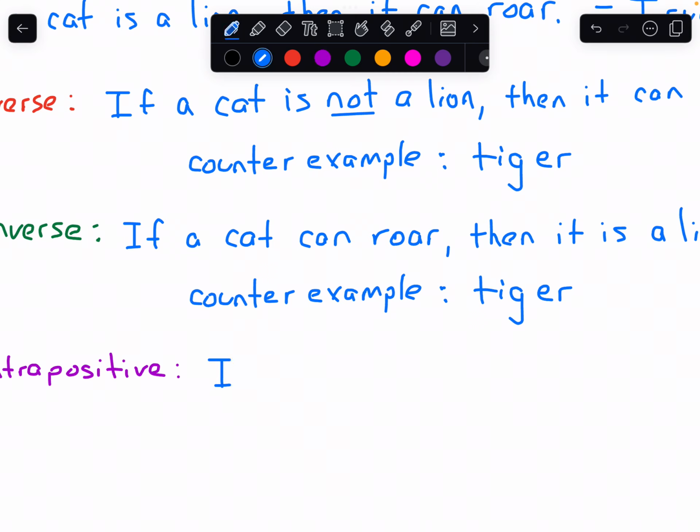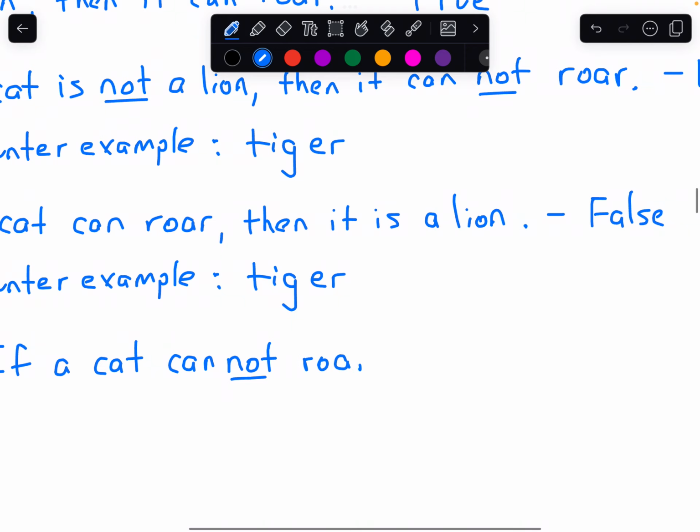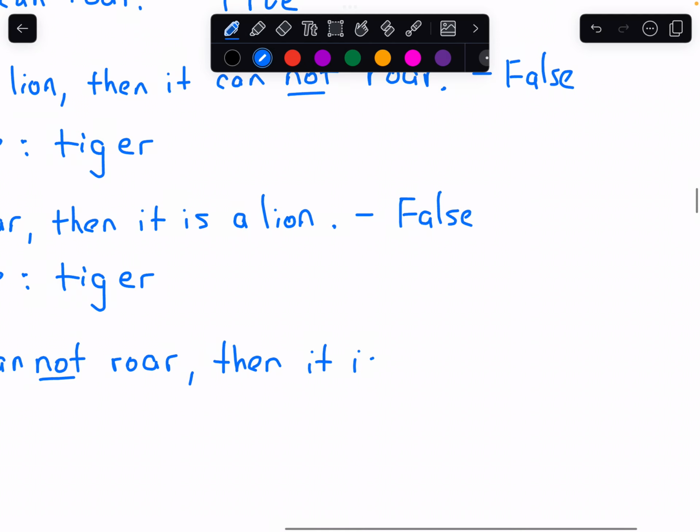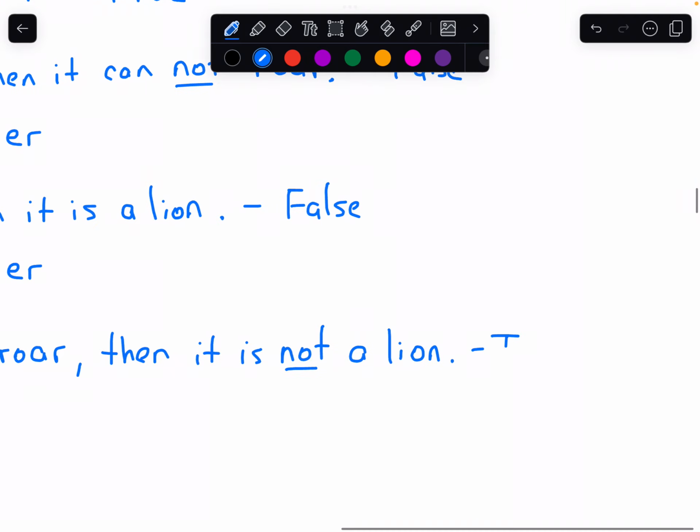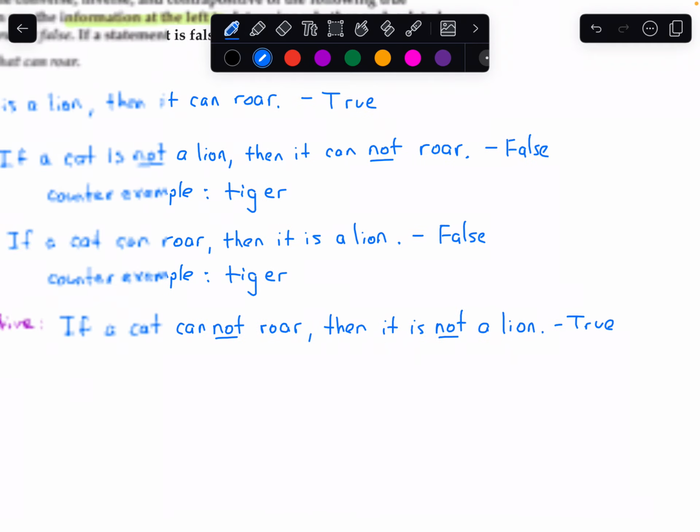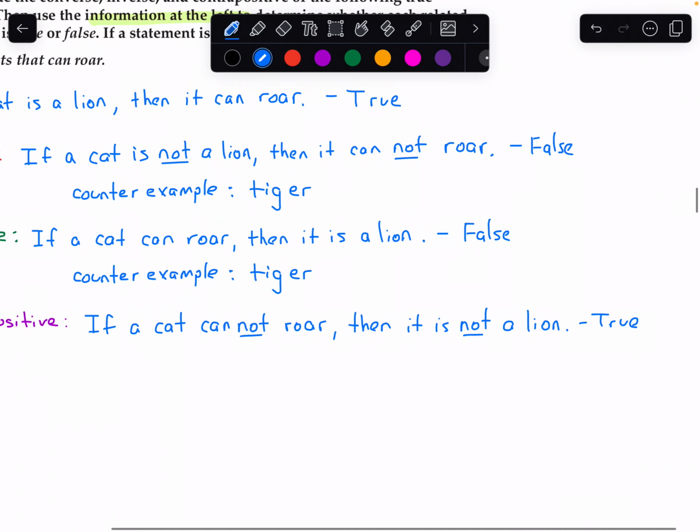So we will write, if a cat cannot roar, then it is not a lion. And this would be true. Lions are capable of roaring. If you find something that can't roar, it cannot be a lion. Unless, of course, it's a lion with a throat sore.